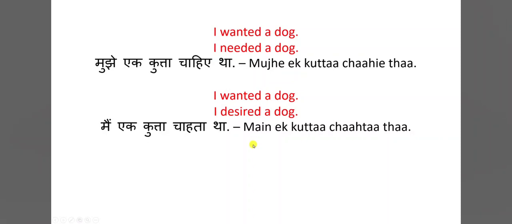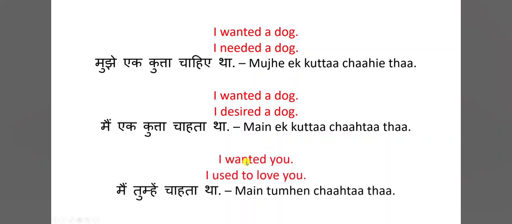Okay? If the object is a human, like this, I wanted you, then this sentence, मैं तुम्हें चाहता था, says that I used to love you, I used to desire you, I used to like you. Okay? मैं तुम्हें चाहता था.